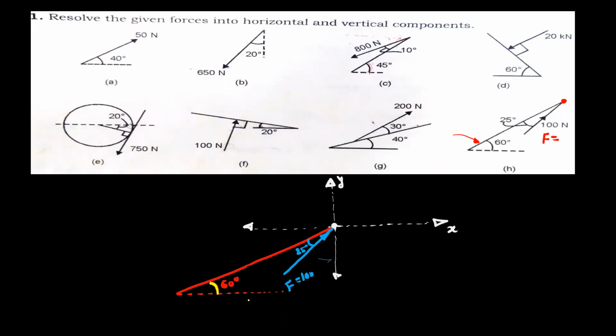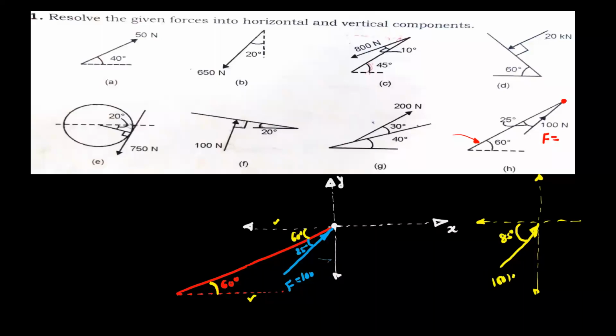So this line is parallel to x-axis. So if this is 60 degree, this is also 60 degree. That is alternate angle. So total angle of the 100 Newton will be 60 plus 25. That is 85. So this total angle is 85.